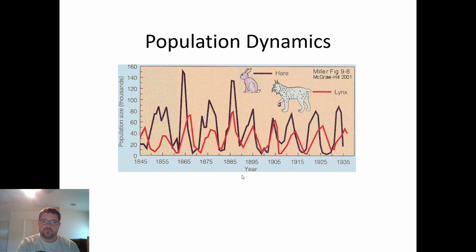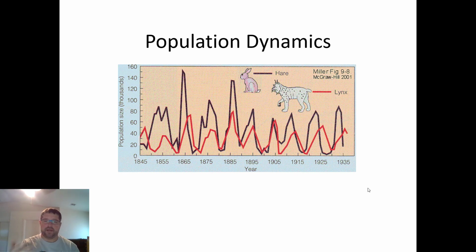And like I said, we've known about these cycles for a very long time, especially the lynx-hare cycle. But there are other ones: elk and wolf cycles, moose and wolf cycles, goshawks and grouse. There are just a lot of cycles.